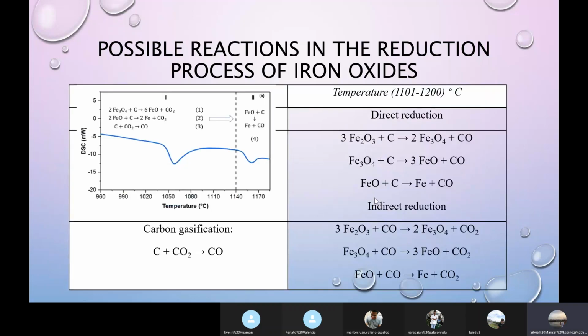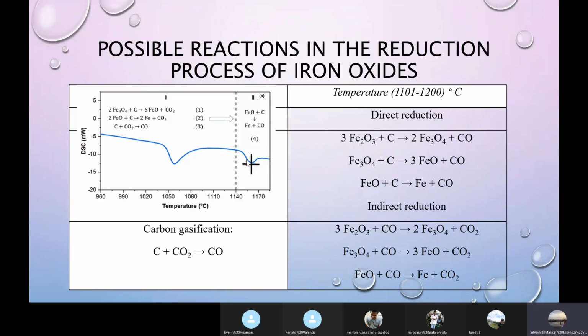In the second stage, the DSC loop also showed a second endothermic peak around 1158 Celsius. Important temperature. This should correspond to the direct reduction of the wustite, obtained from the previous reduction of the magnetite, with carbon.